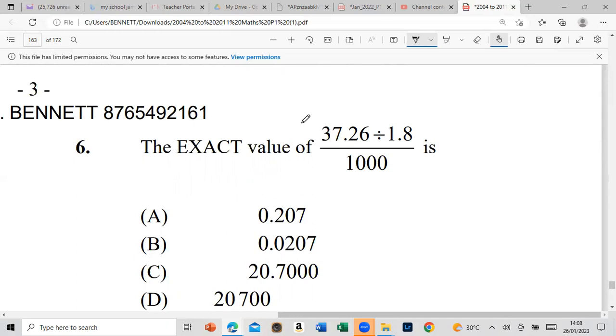Alright, so this one said the exact value of 37.26 divided by 1.8, then divided by 1,000 is. Alright, so let us divide.